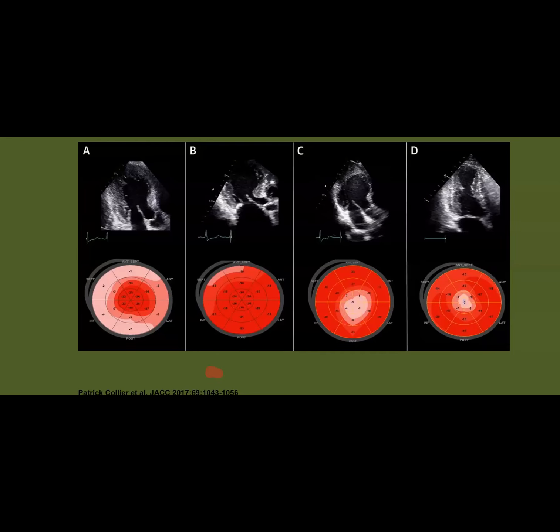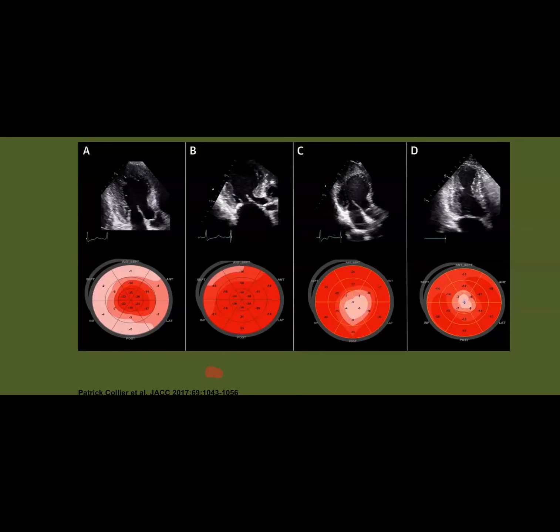We call it cherry on top, which is apically sparing reduced global longitudinal strain. So you see the apex has good strain while the mid and basal segments have low strain. So this is very characteristic of amyloid.